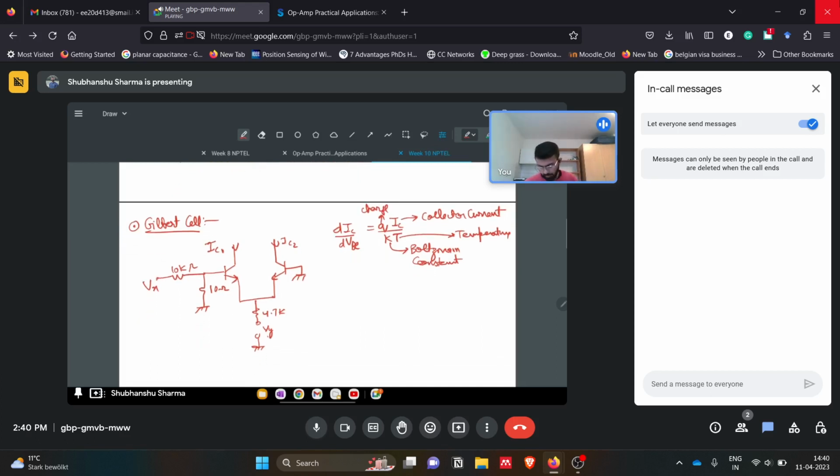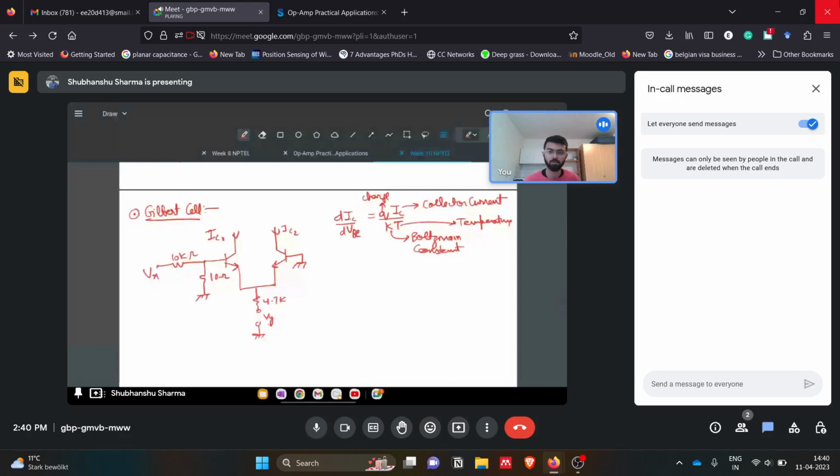Using this, Gilbert was able to make this analog multiplier. So what he did, the IC1 minus IC2, that is change in IC, delta IC, equals to Q by KT, that is the constant. IC is given by Vy plus VB, this base to emitter junction diode reverse bias voltage, divided by the resistance 4.7 into 10.